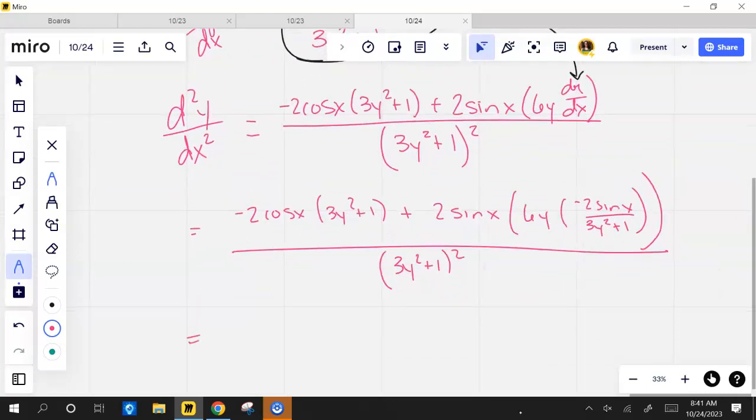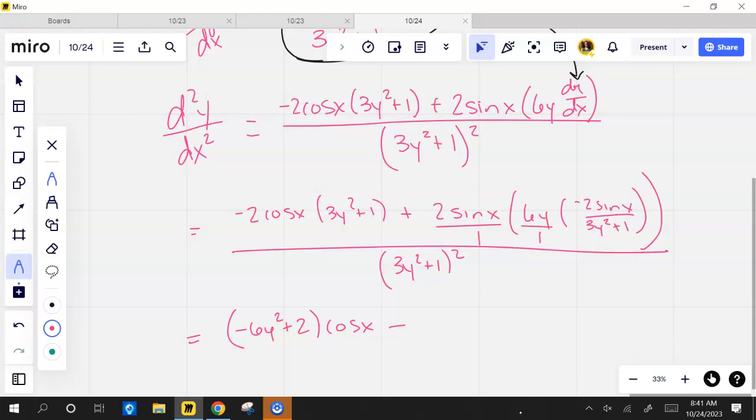We'll see what happens. I might make this negative 6y squared plus 2 times cosine x. I'm going to make this negative because of this negative. We'll go straight across.